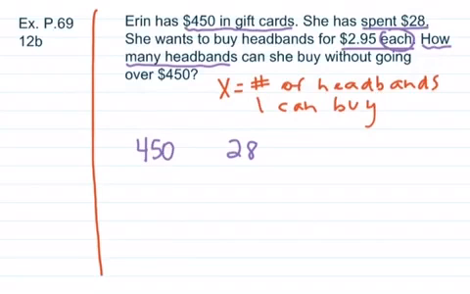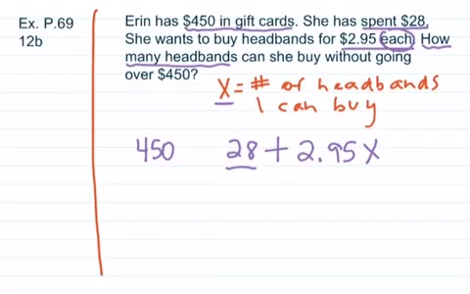I'm going to add that cost to my $28 because I've already spent that. So 28 plus $2.95. But what do I need to do with this $2.95? I need to multiply it by how many headbands I end up buying.